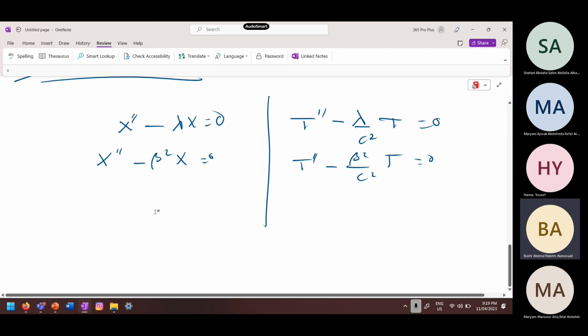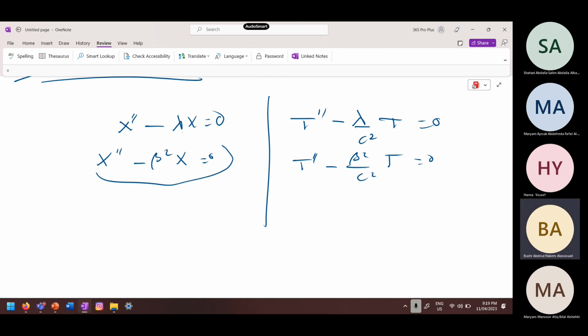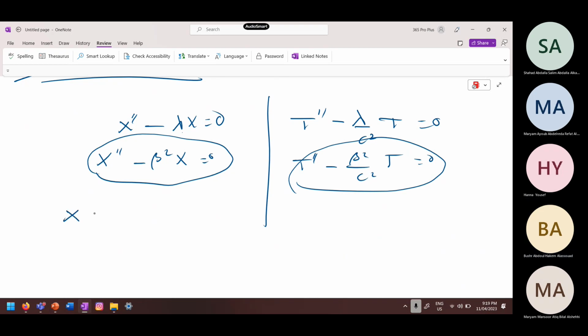Now, by using the formula sheet or the cases that you memorize when you have this equation, it will give you the following solution. So x is equal to C1 e to the power beta x plus C2 e to the power negative beta x. You can also use my actual method that I posted in the first video, part 1, where I solved part 1 in 2 methods.